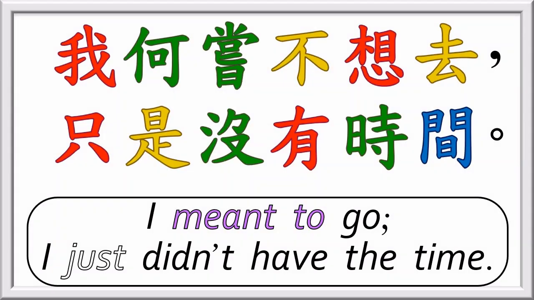You'll recall that 间 from lesson 19 can also be pronounced fourth tone 间, referring to separation, a gap or interval between two things. So 间接 means to connect, 接 but with an interval between. 间, or in other words, indirectly, 间接 rather than directly, 直接。我何尝不想去，只是没有时间。I meant to go, I just didn't have the time.